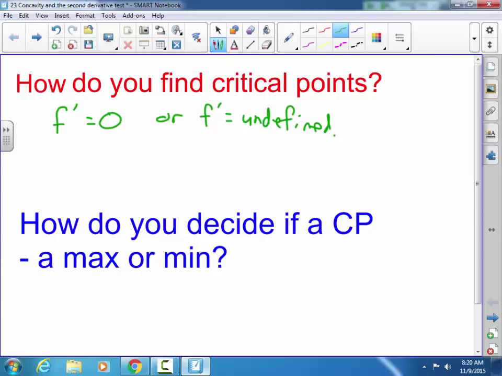All right. What happens at critical points? The slope could go from positive to negative. The slope changes to 0.